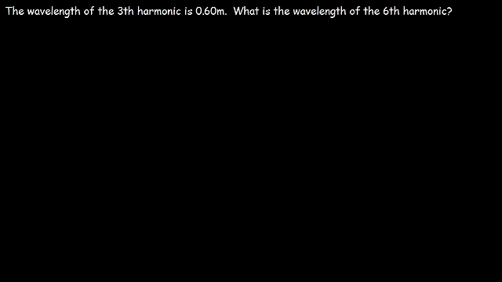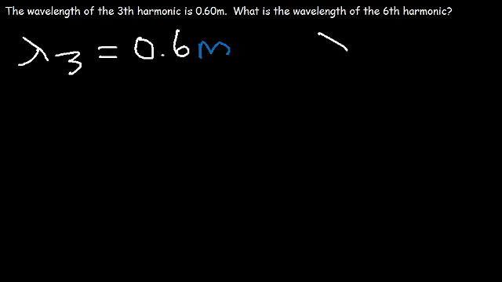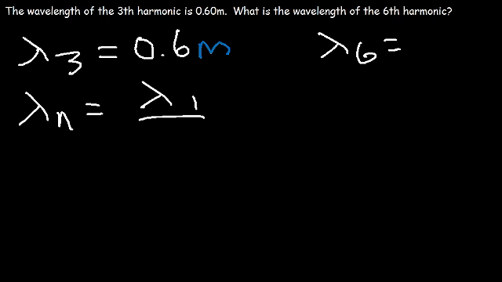The wavelength of the third harmonic is 0.6 meters. What is the wavelength of the sixth harmonic? So we know that lambda 3 is 0.6 meters. What is lambda 6? So the equation that we need is this one. First, we need to find the fundamental wavelength.